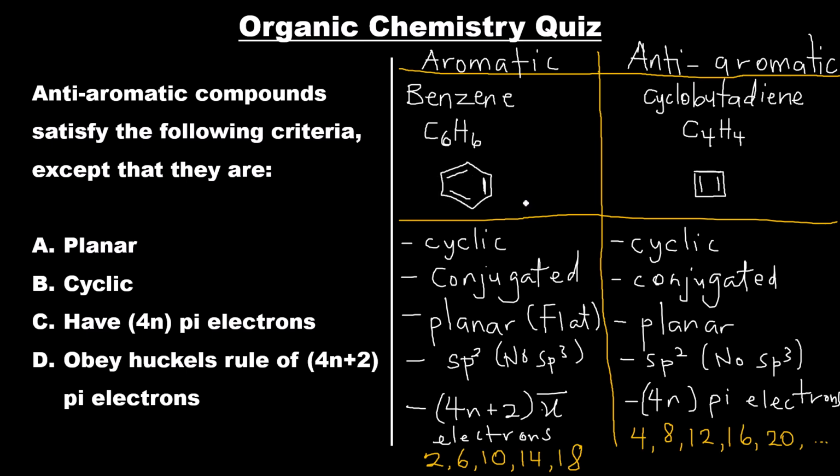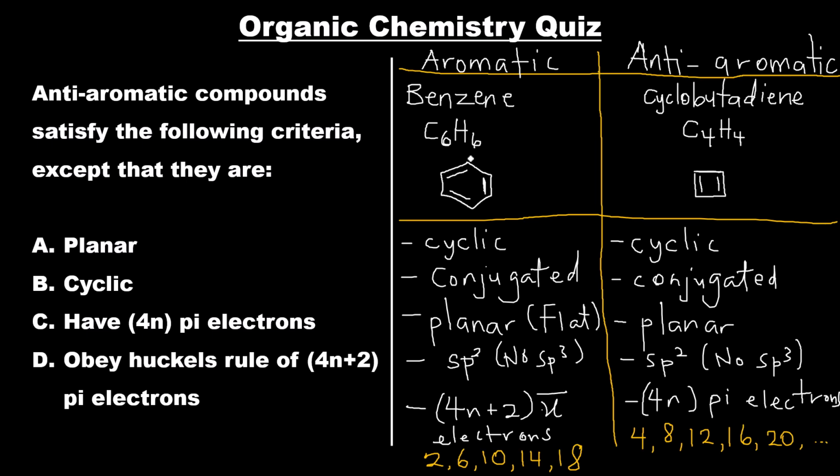So let's look at our benzene structure again. Now let's count the number of pi electrons present in this benzene molecule to see if it follows the Huckel's rule. Now take note of this. For us to have a pi electron, the molecule should have either a double or triple bond present. And for double bonds under hybridization, we must have known that if a molecule has a double bond, one of the double bonds is actually a pi bond.